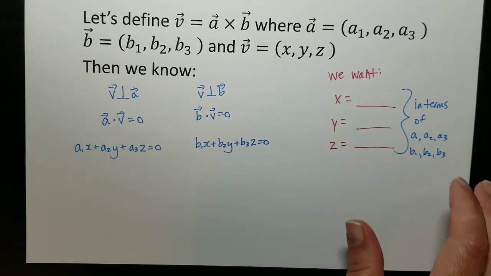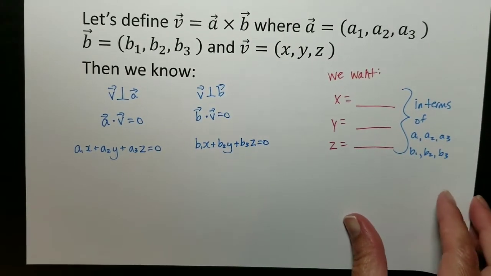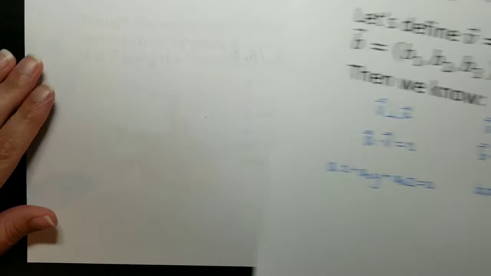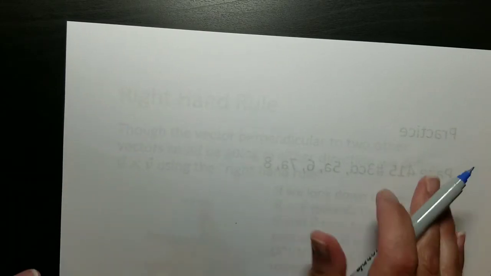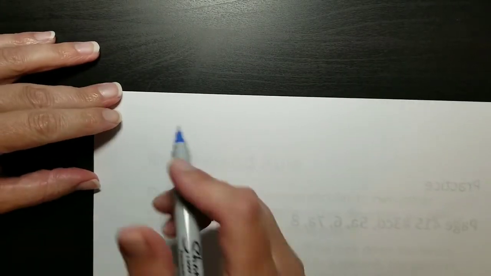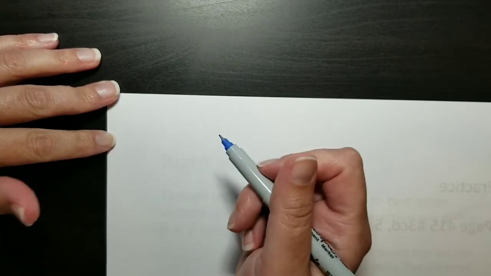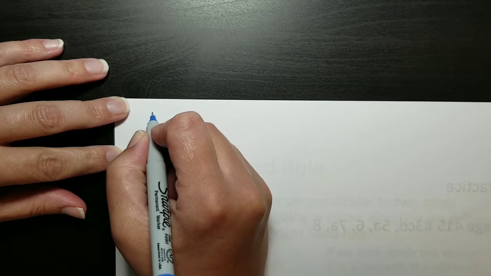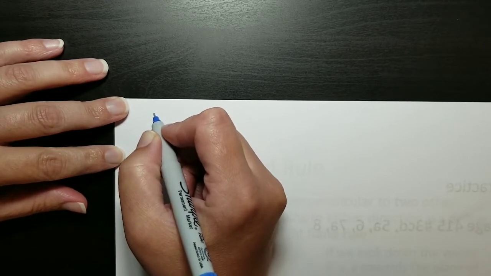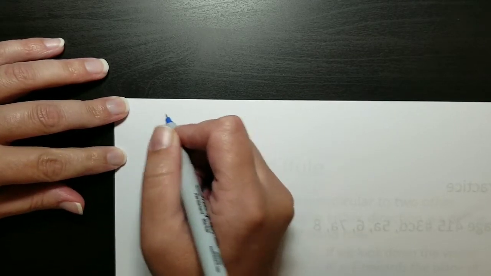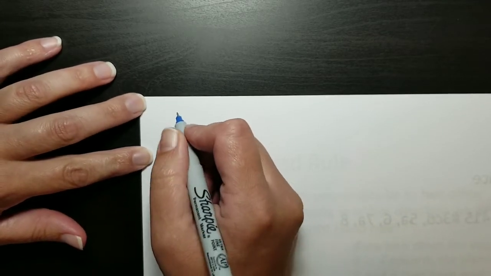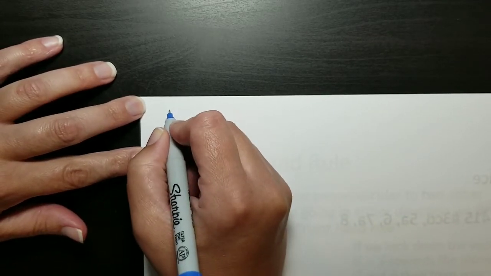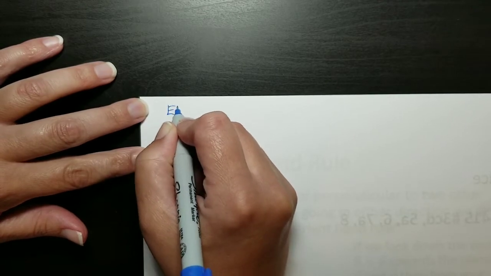So I'm going to start, actually I'm maybe going to get another piece of paper. So I'm just going to use these equations, and when we're trying to solve for variables given 2 equations, a common thing that we do is elimination. So I'm going to use elimination to create an equation by eliminating x.